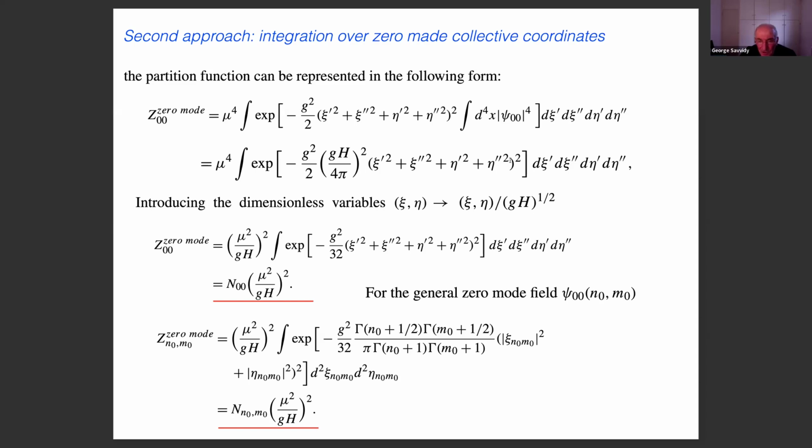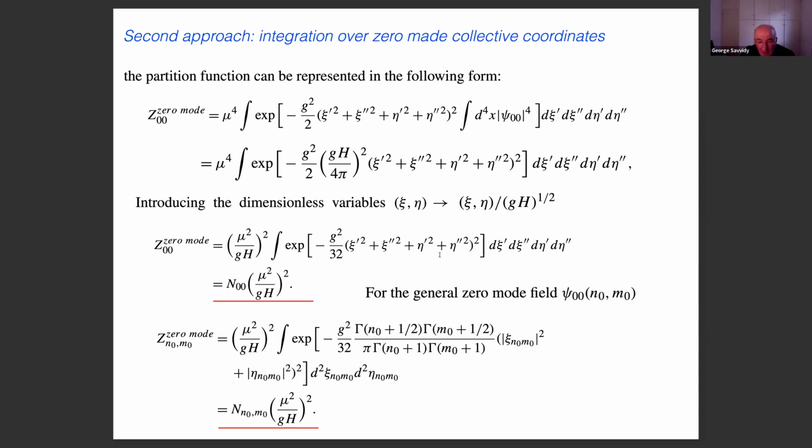If we substitute here, you can see that the field dependence factorizes and goes outside of the exponent.